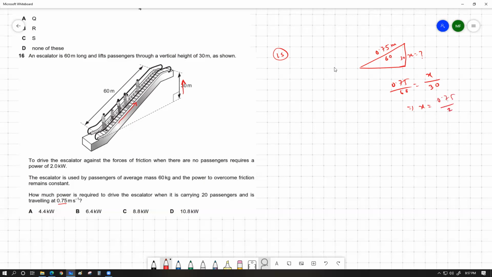So therefore, x equals 0.75 divided by 2, which gives me 0.375. So in 1 second, the vertical height gain of the escalator is 0.375. So how much GP should be provided to the people? 60 kg passengers, 20 passengers, that is 1200 kg.